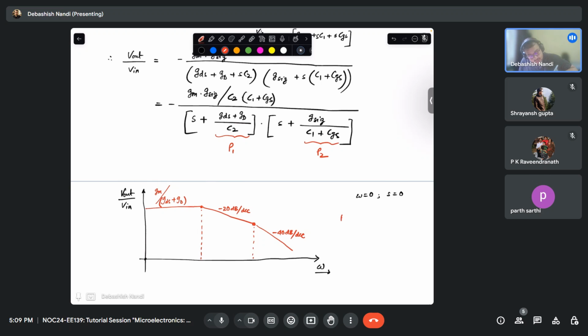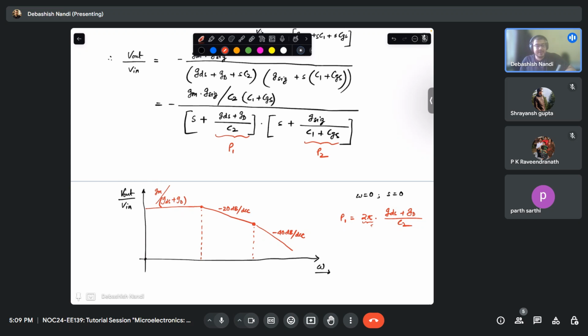So P1 will be what? P1 will be your 1 over 2 pi times your GDS plus GD over C2.